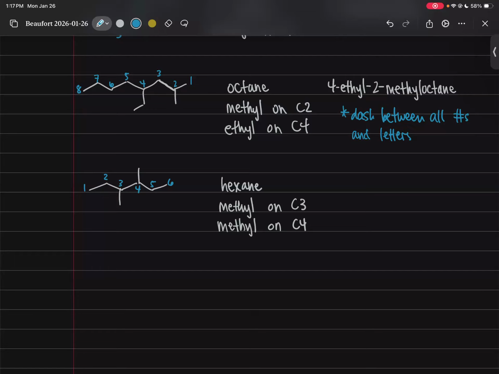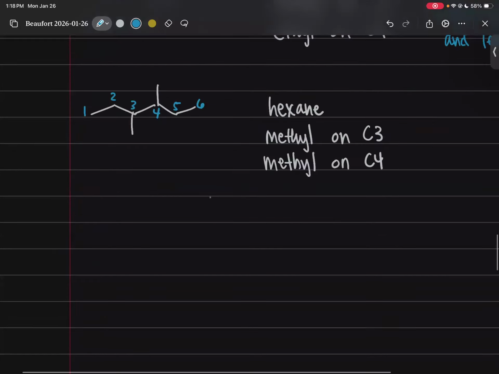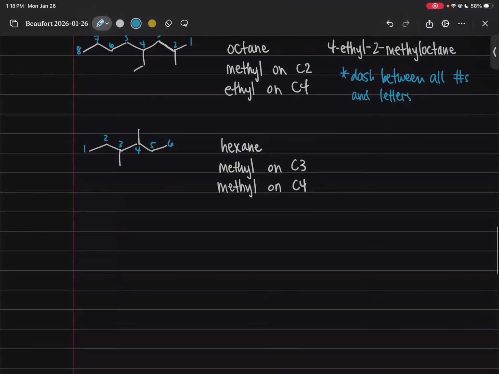So because we have 2 methyl groups, we have to use a prefix to show there's 2, and that's going to be di, tri. 4 is tetra, but we probably won't see 4.